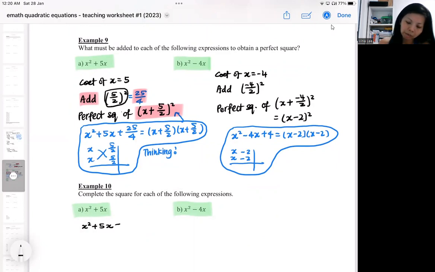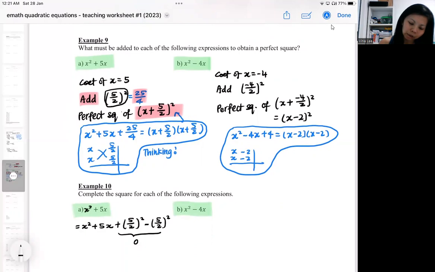You cannot be adding something for no reason. If you add something for no reason, you actually have to subtract it away. So this part essentially is a 0. So they are still the same thing.